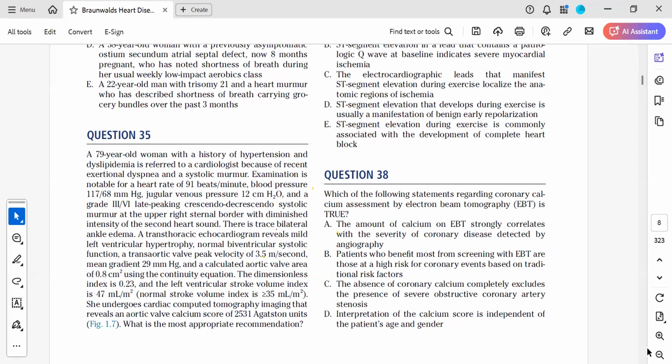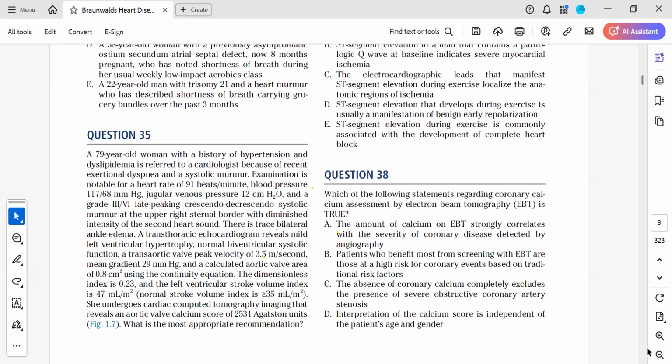There's also a problem with the second heart sound, which is of diminished intensity, and there's bilateral edema, though just to note that it's very trace. An echo was done for this patient, and it revealed mild left ventricular hypertrophy, and the systolic functions of the right and left ventricles were preserved.